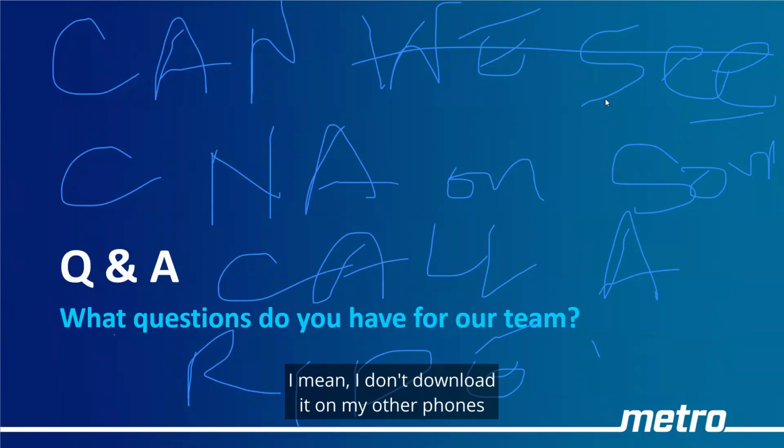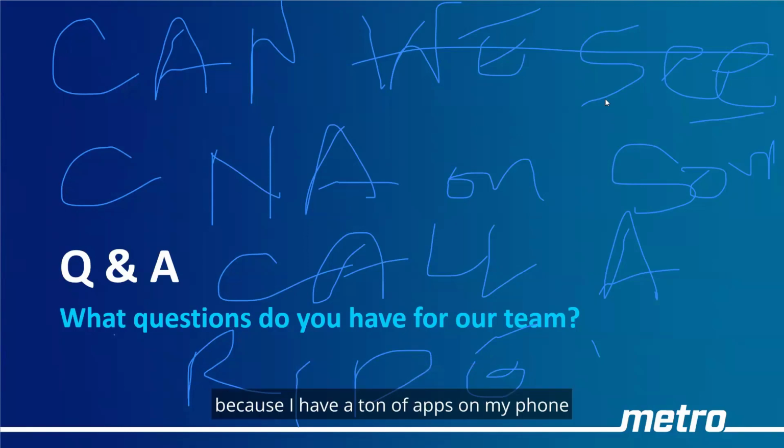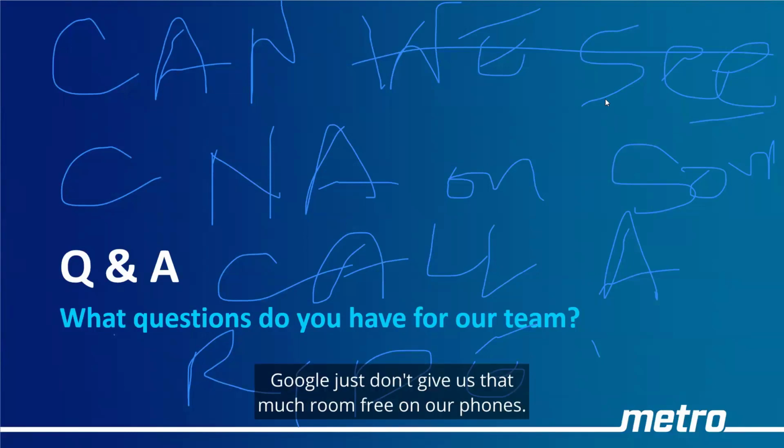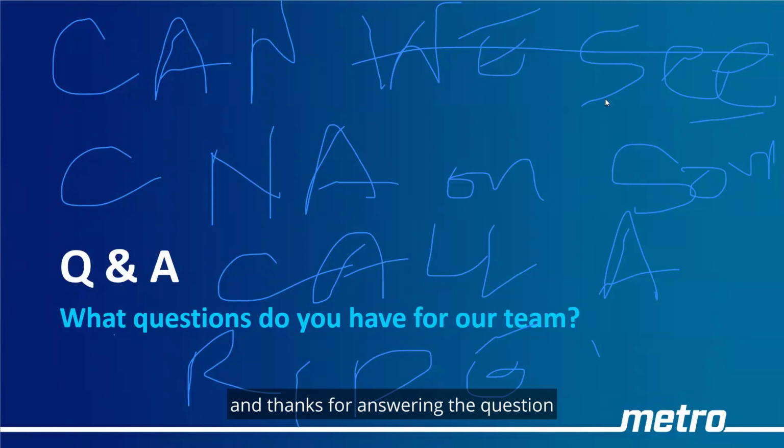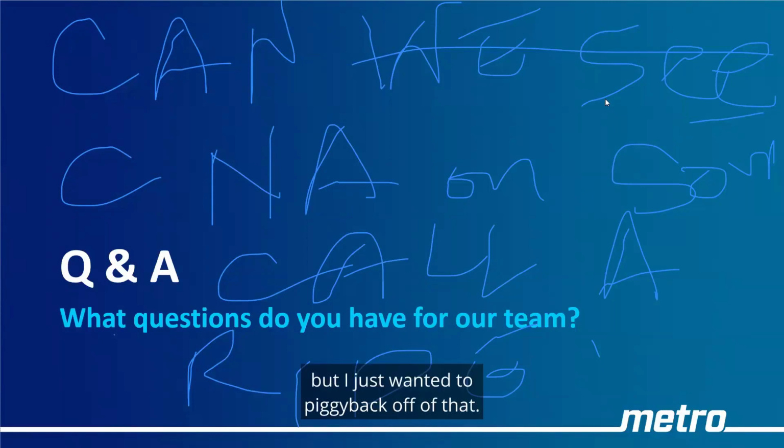I don't download it on my other phones because I have a ton of apps, and Google just doesn't give us that much room on our phones. So that's what I was mentioning, Lisa, to you. Thanks for answering the question. I just wanted to piggyback off of that.